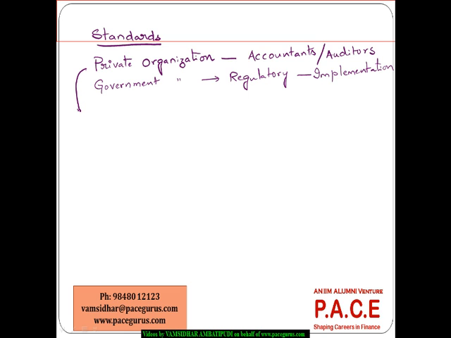So coming to the standard setting bodies, we see the Financial Accounting Standards Board, which is setting the US generally accepted accounting principles standard. Then we have the International Accounting Standards Board, which is primarily developing the standard called International Financial Reporting Standard.